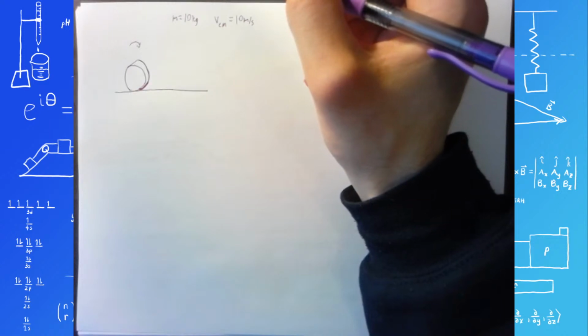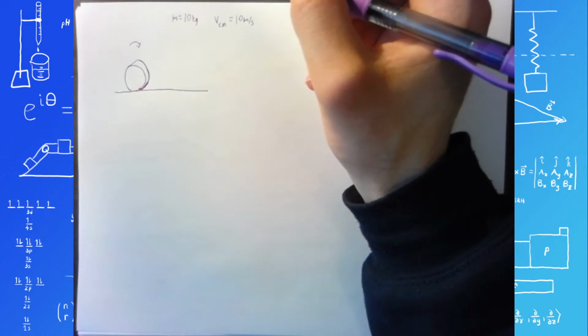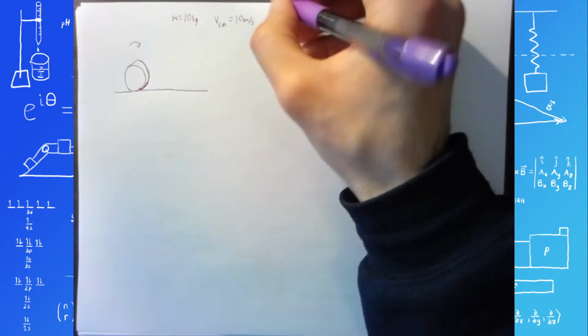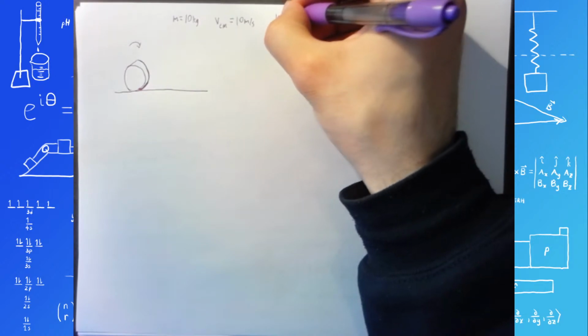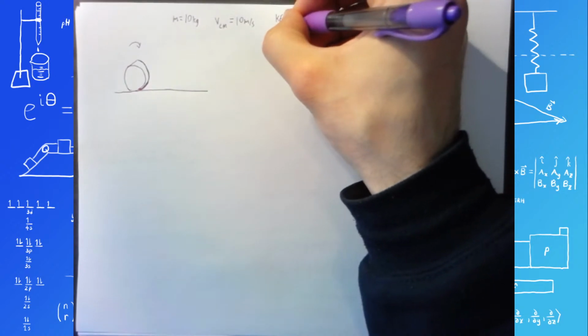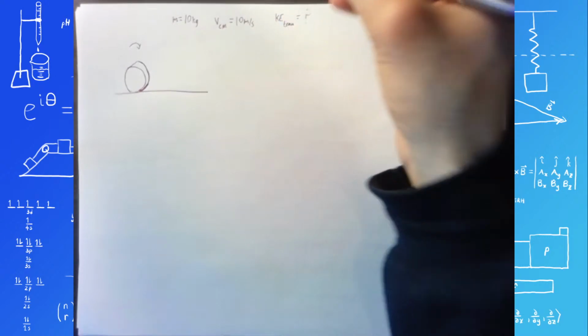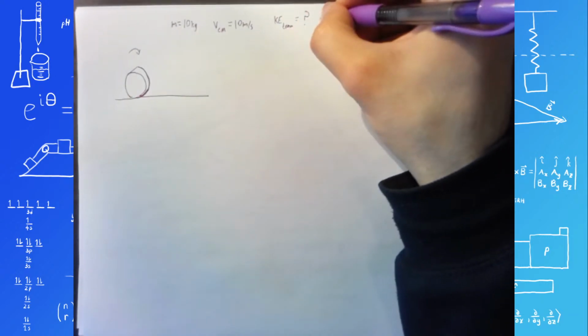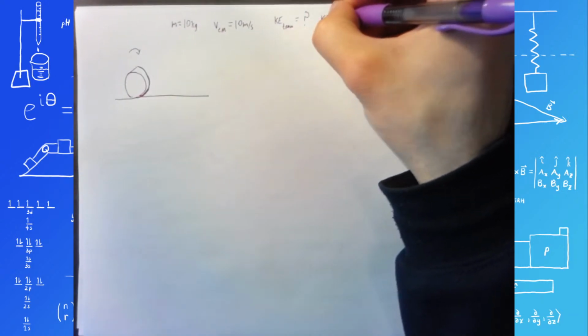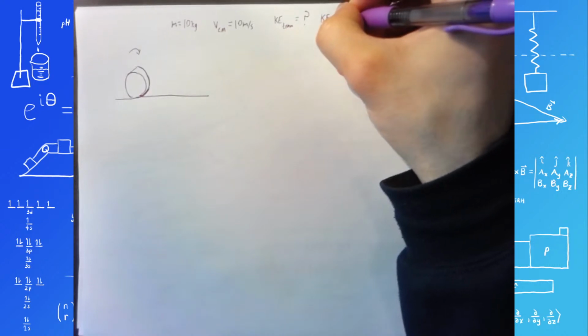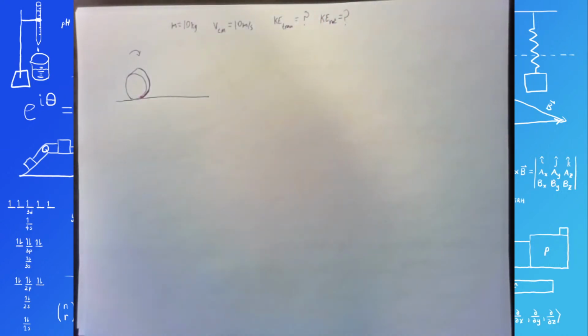And it says determine the translational kinetic energy, the rotational kinetic energy, and its total kinetic energy. So find kinetic energy translational, find kinetic energy rotational, and find kinetic energy total by just adding up the two.